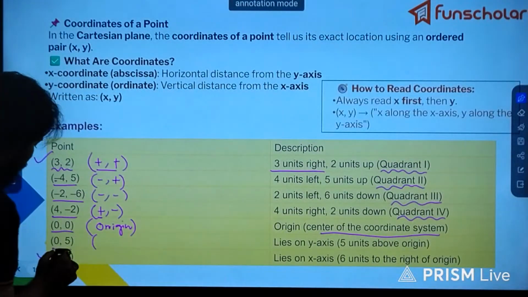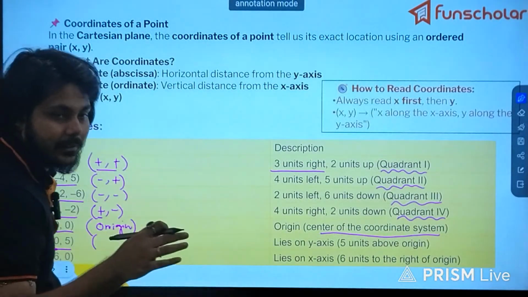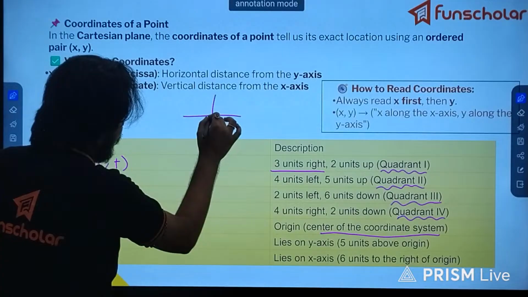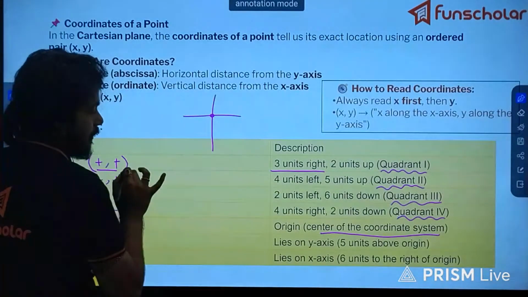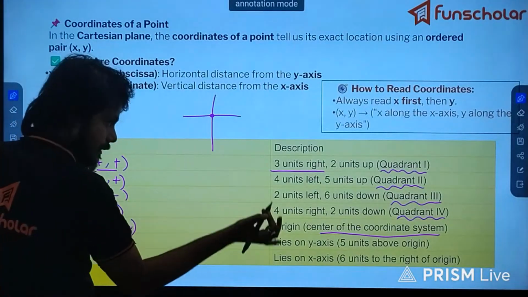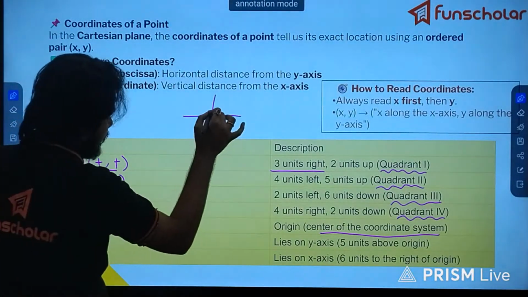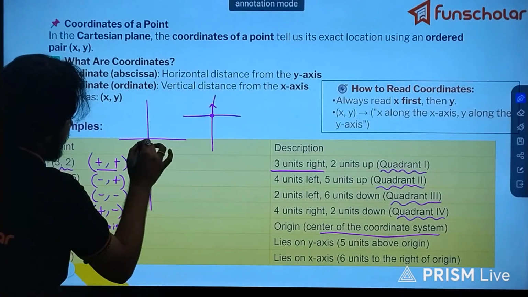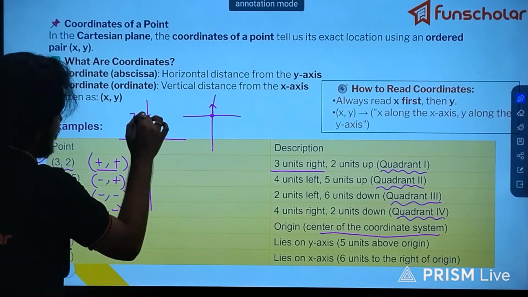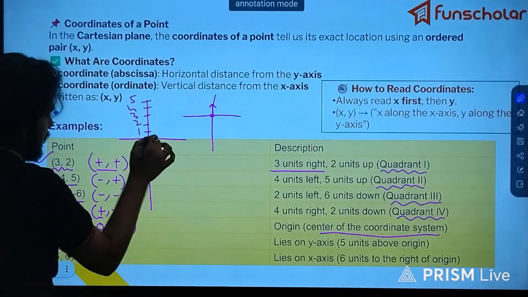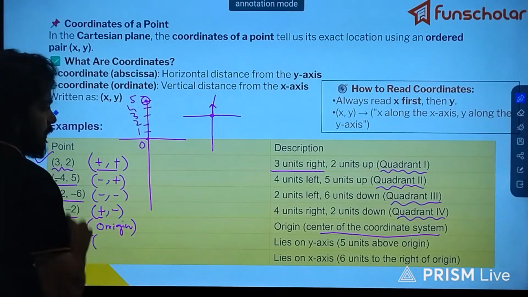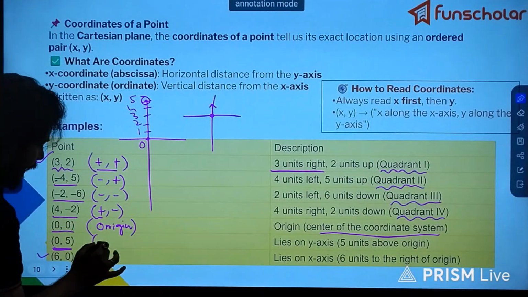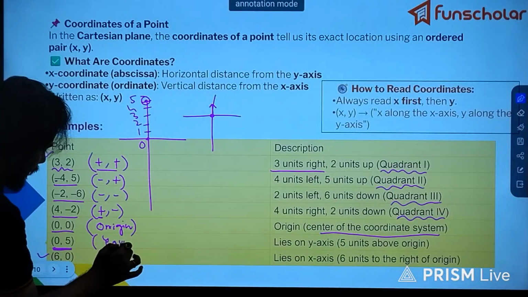See, 0 means we don't need to move left or right. 0 means we will stick to the origin, and then 5 is positive, so we will go in the upward direction. Suppose this is 0, this is 1, 2, 3, 4, 5. So 0 comma 5 will lie on the y-axis.